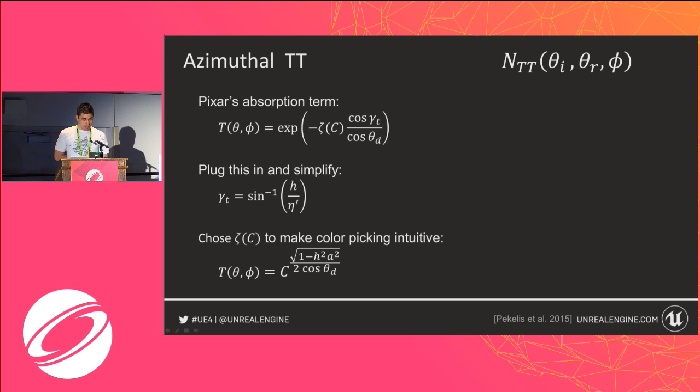When we plug in this formula for gamma t and simplify the function, it turns into this, assuming that we have picked a function for C that makes color picking for the artist fairly intuitive.